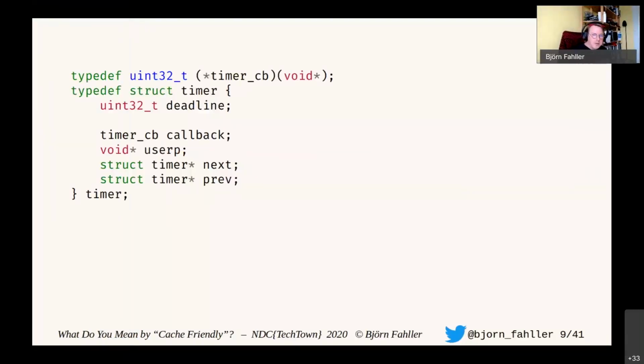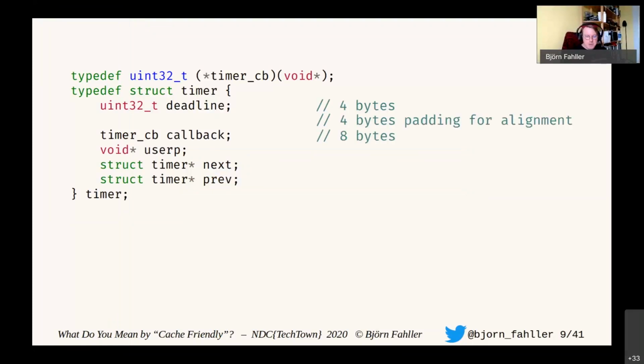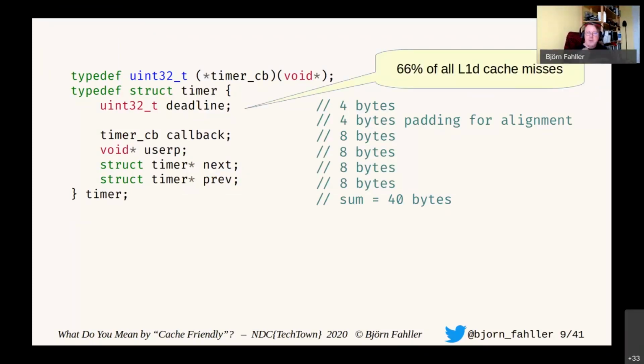We have our timer struct, and we have 4 bytes for the deadline, and then we have padding 4 bytes because the next entry pointer must be aligned on 8 bytes, and then we have the user pointer and the other pointers 8 bytes each. So we have a total of 40 bytes. So why did we get 2/3 of our cache misses looking at the deadline?